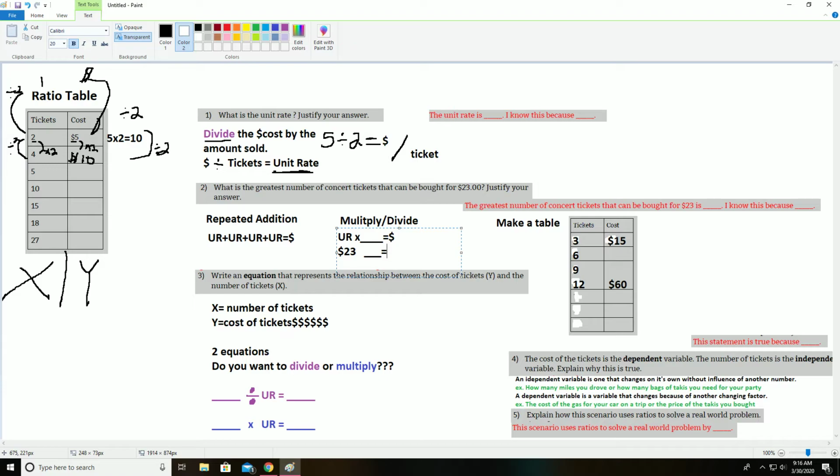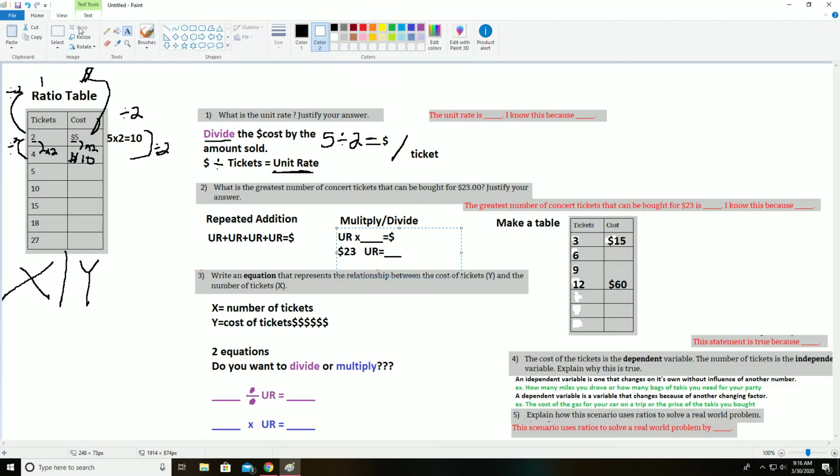It's 23, and you're going to divide that by the unit rate. I apologize, I said that wrong a minute ago. And that's going to tell you how many tickets. So 23 divided by, let me draw your division symbol in here. But you're going to have the unit rate to do either one of those.